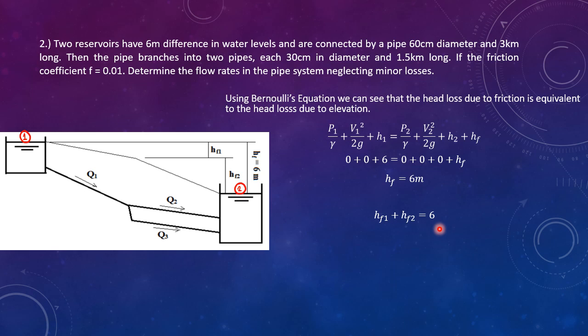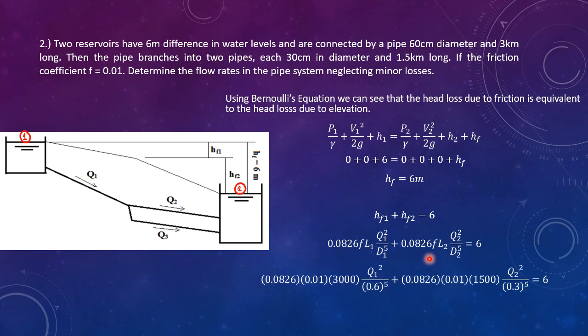For HF, since we were given F, we will be using the Darcy-Weisbach formula. So we have 0.826 F L1 Q1 squared over D1 raised to 5 plus 0.826 F L2 Q2 squared over D2 raised to 5 is equal to 6 meters.